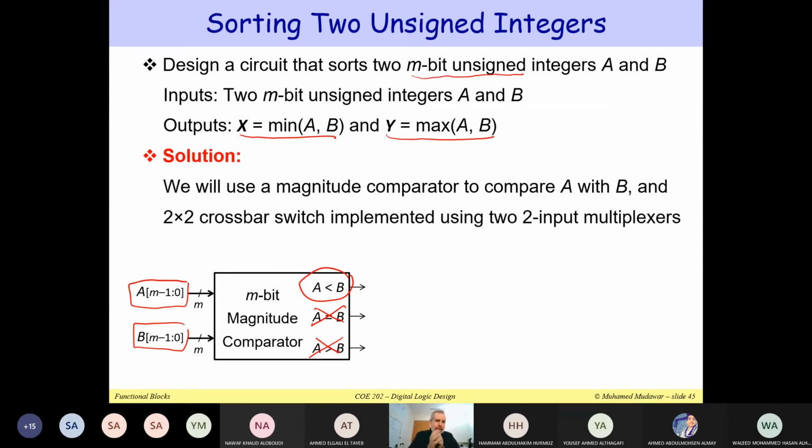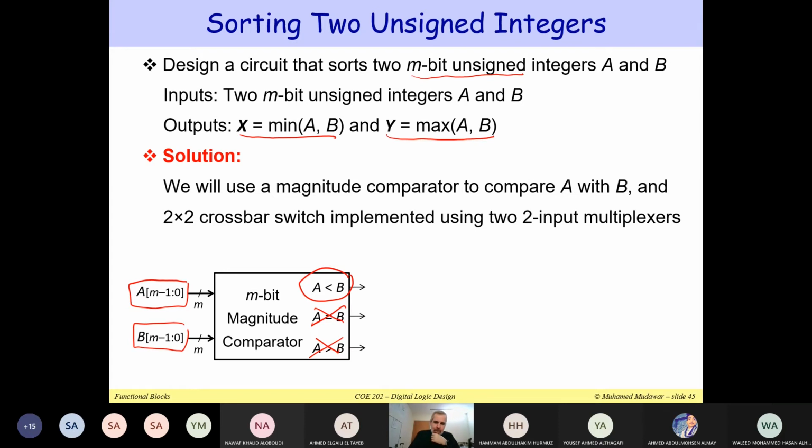So all I care about is only one output of this magnitude comparator, which is A less than B. So if it is 1, then we select X equal to A, and we select Y equal to B. And if A is not less than B, it means that it is greater than or equal, then we reverse them, and we select that X becomes B and Y becomes A. So we just reverse the output.